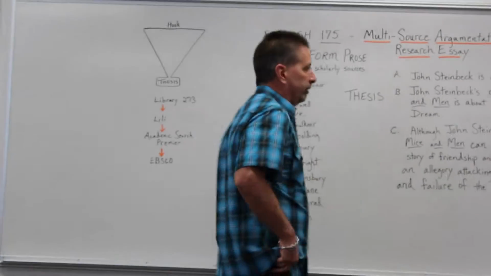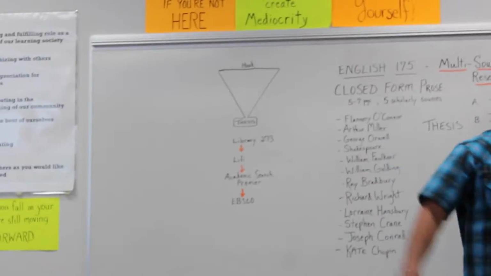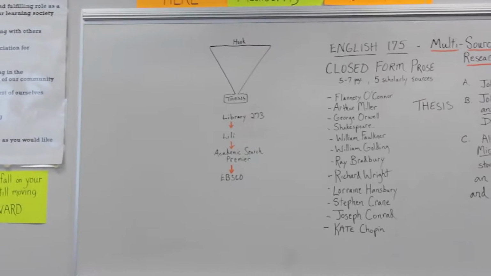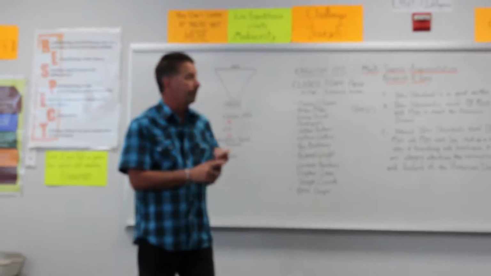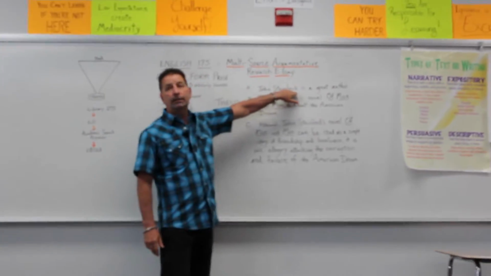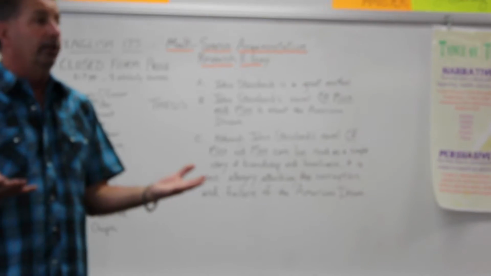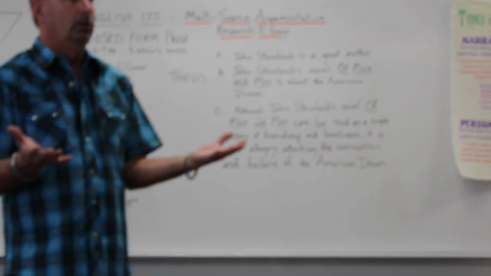For the introduction, we're going to begin with a hook, like we always do. For the hook for this paper, let's use a direct quote. Now you can use a direct quote from the author you're writing about. So you could use a direct quote from John Steinbeck, for example, talking about literature just in general.